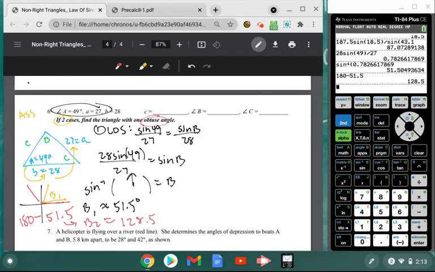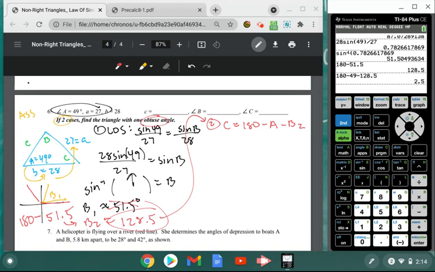It says the obtuse angle only. So let's go ahead and work on the obtuse case here. So step number 2 for the obtuse case, we're going to ignore this one and we're going to use that for B. Now I can find the missing angle C. So C is 180 minus A minus the obtuse case for B. So that's going to be 180 minus A, which was 49, minus the obtuse B, which is 128.5.